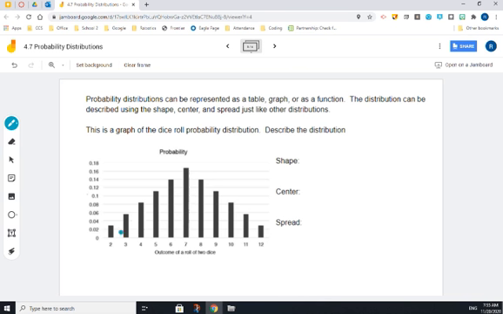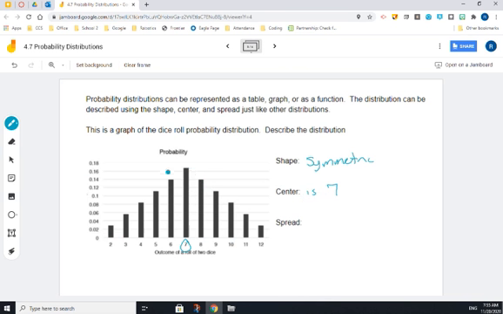And so if we looked at this particular probability distribution, this is the one for rolling the dice, notice that the shape is symmetric. Okay, where would you say the center is? Well, it's right here, and so the center is 7. And what would the spread be? Well, the spread goes between 2 and 12.